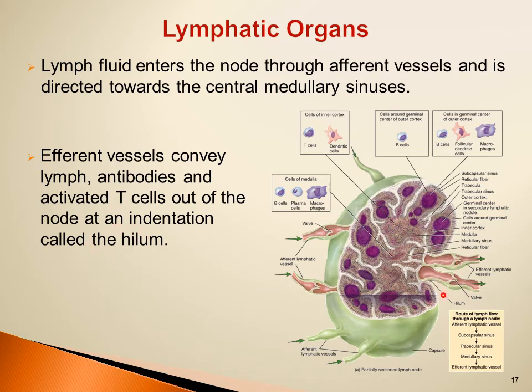So here at the hilum we can see that the efferent vessels leave the lymph node. We can see that the lymph node contains germinal centers in the outer cortex that are rich in many immune cells, as we'll discuss these types of immune cells later on.